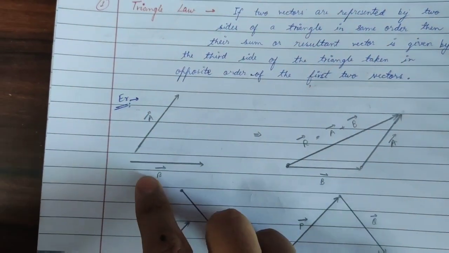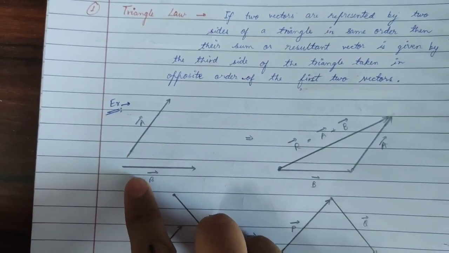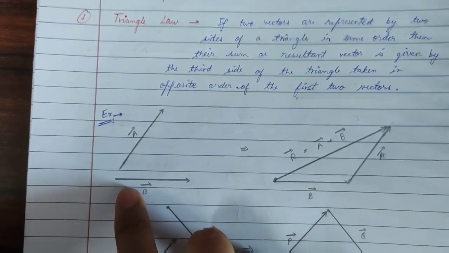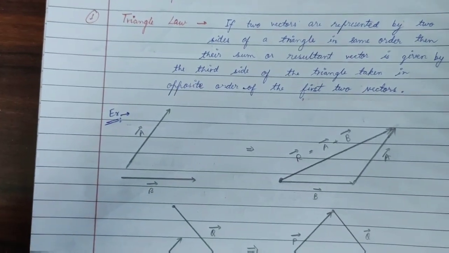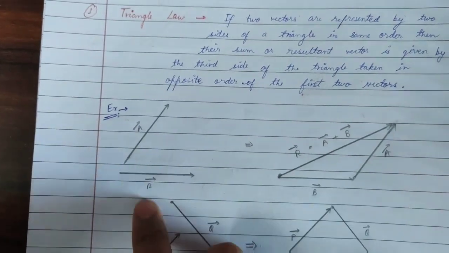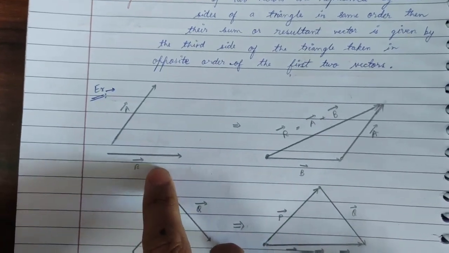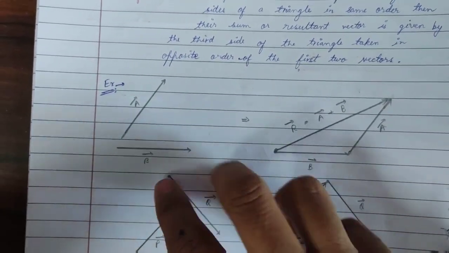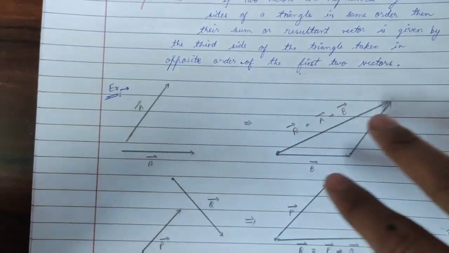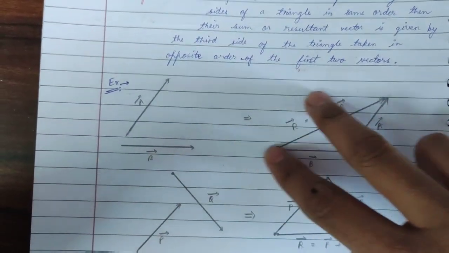See, vector A and vector B are given. Statement is that if two sides of the triangle are taken in same order, basically here. Let's see. We have taken the B vector as it is. Okay, we have taken this A vector and moved it here, moved it parallelly to here.